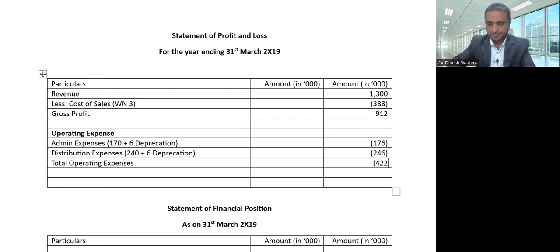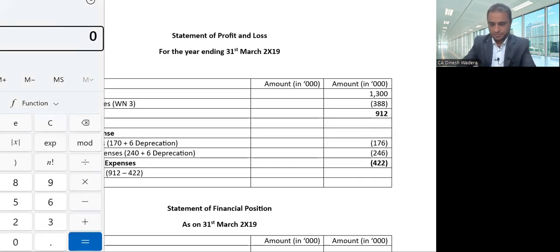Keep it negative. So once you deduct operating expenses from your gross profit, you get your operating profit. 912 minus 422. Yeah, 490.